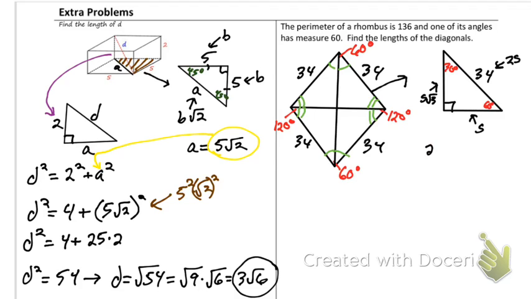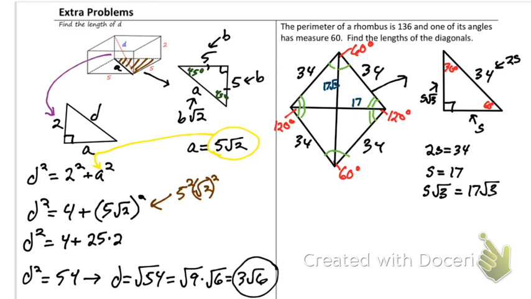So according to that, 2S would equal 34, which means S equals 17, and S square root of 3 equals 17 square root of 3. So that means we have some measurements we can put right on there. Let's use blue. So this length is 17 square root of 3. And this length right here is 17.